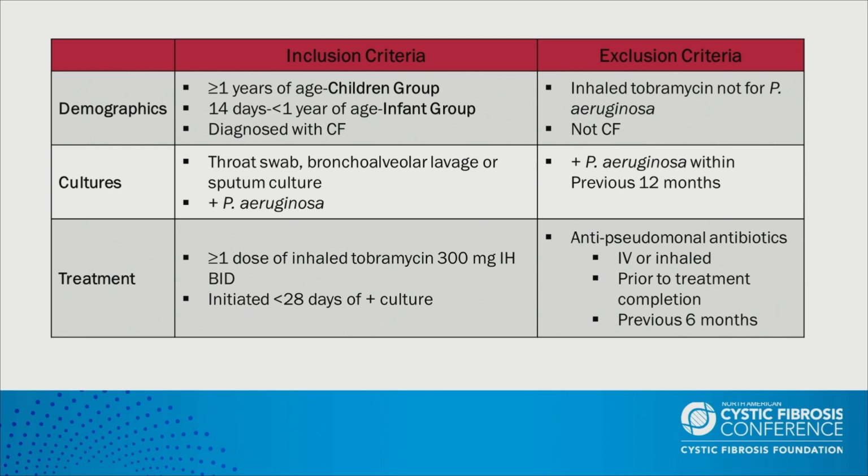They had to at least receive 1 dose of inhaled tobramycin 300 milligrams twice a day, and that had to be initiated in less than 28 days from that first culture. We excluded patients that received other IV or inhaled anti-pseudomonal antibiotics prior to treatment completion or in the previous 6 months prior to eradication attempt.